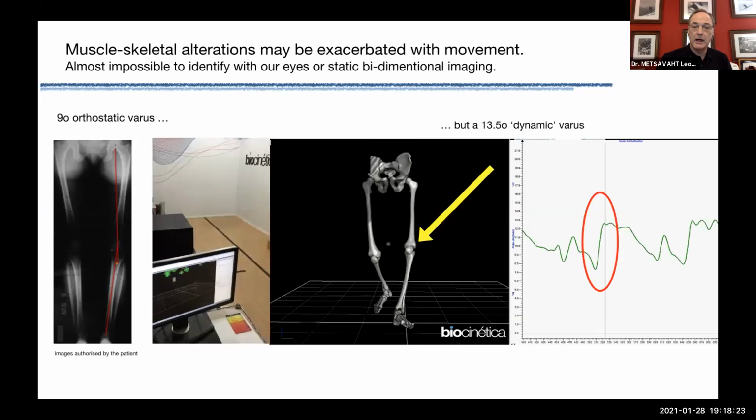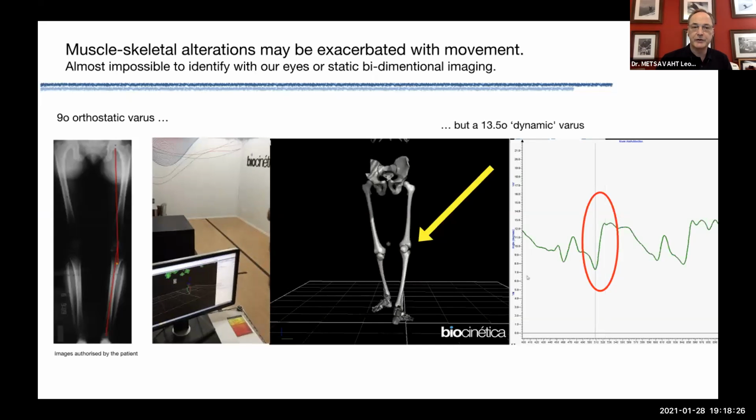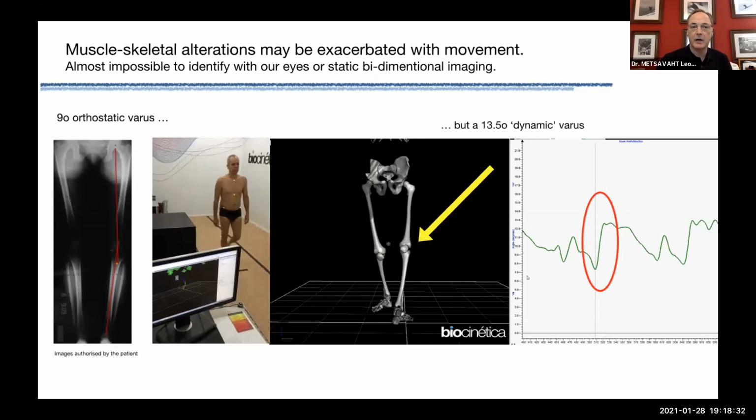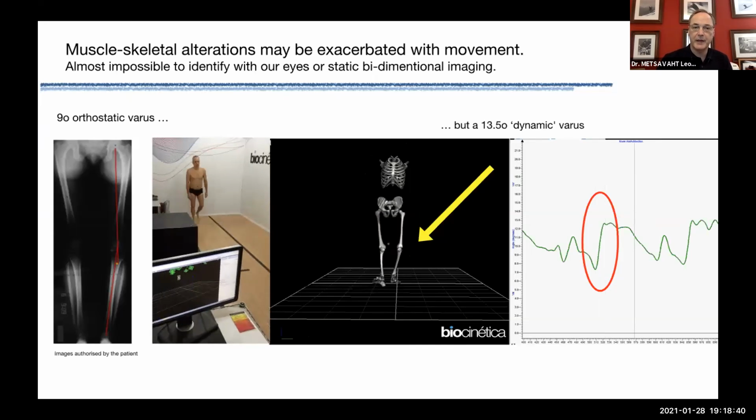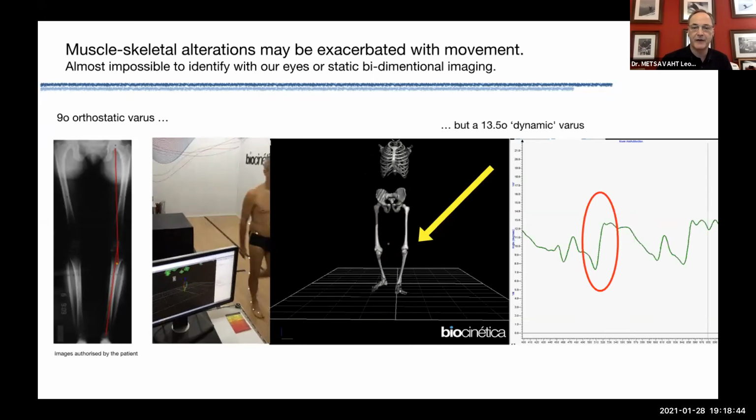So that would influence the surgeon to take the decision. Probably if he's doing an osteotomy or a uni prosthesis, the load has to be calculated not only on 9 degrees of varus, but 13.5 degrees.